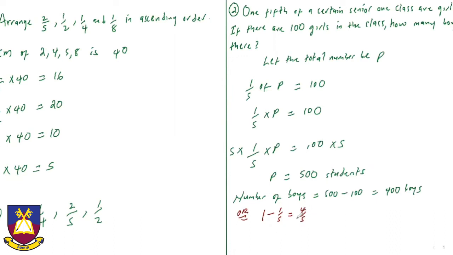Now we have the fraction of boys and we have the total number of students. So the number of boys will equal 4 out of 5 times 500. And this still gives us 400 as the number of boys.